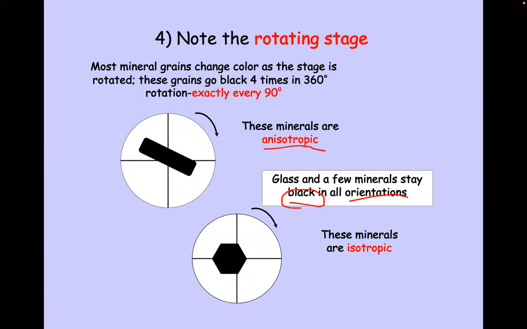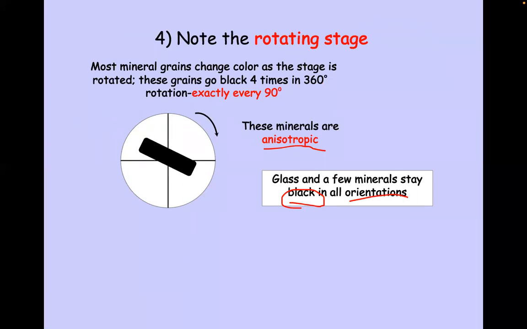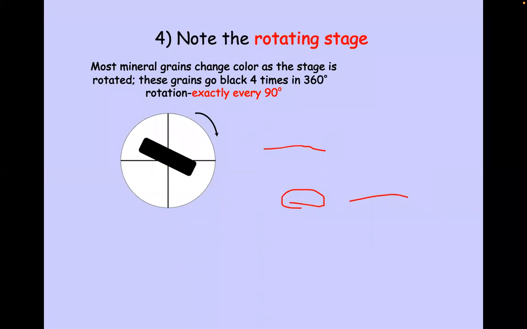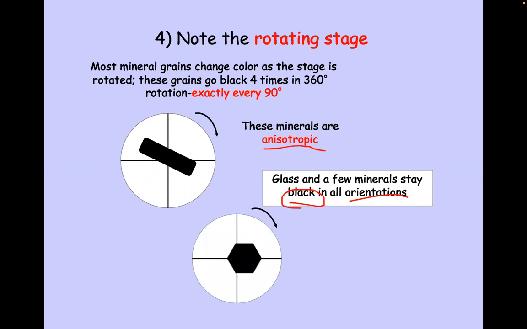But opaque doesn't mean all the isotropic minerals are opaque, right? The definition of opaque applies to the minerals which remain dark under PPL, plain polarized light. This situation is not plain polarized light. This is after cross polarization. So being dark under the cross polarization doesn't mean the mineral is opaque.